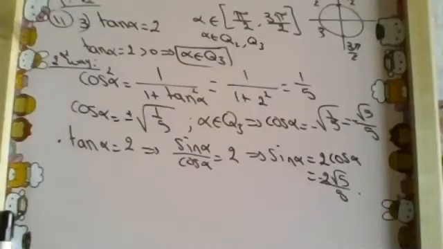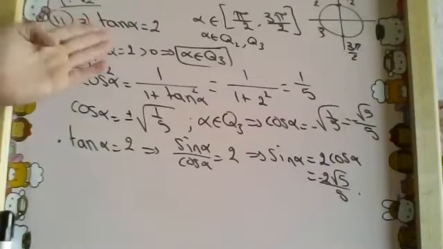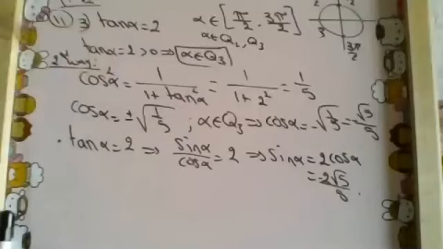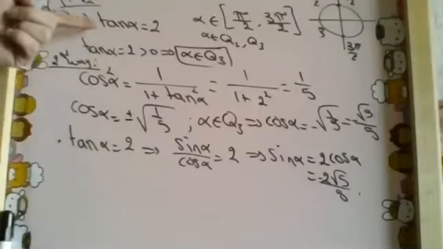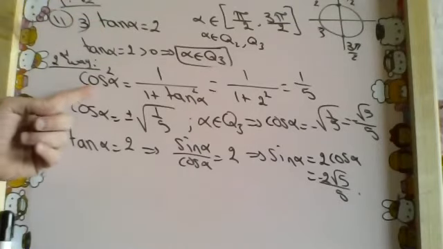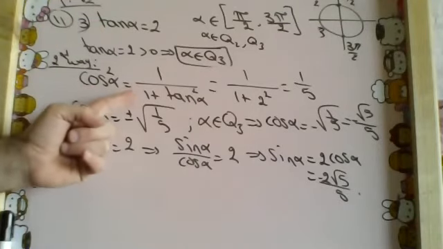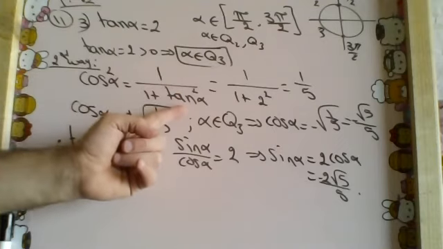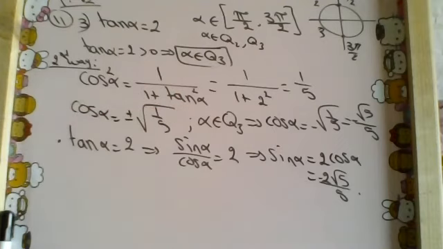The same thing if you are given cotangent alpha. In case you have cotangent alpha, you use the second rule. Sine squared alpha is 1 over 1 plus cotangent squared alpha.